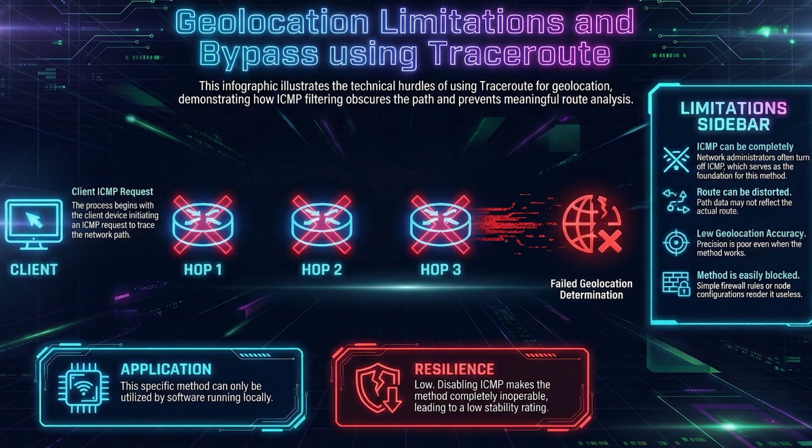Therefore, let's summarize a little bit. Traceroute local can only be executed by local software, and this is cured by firewall rules. Well, the web traceroute analog, if you can call it that, can be changed by changing the TTL parameter in your operating system. And it works on both Windows systems and Linux or macOS systems.